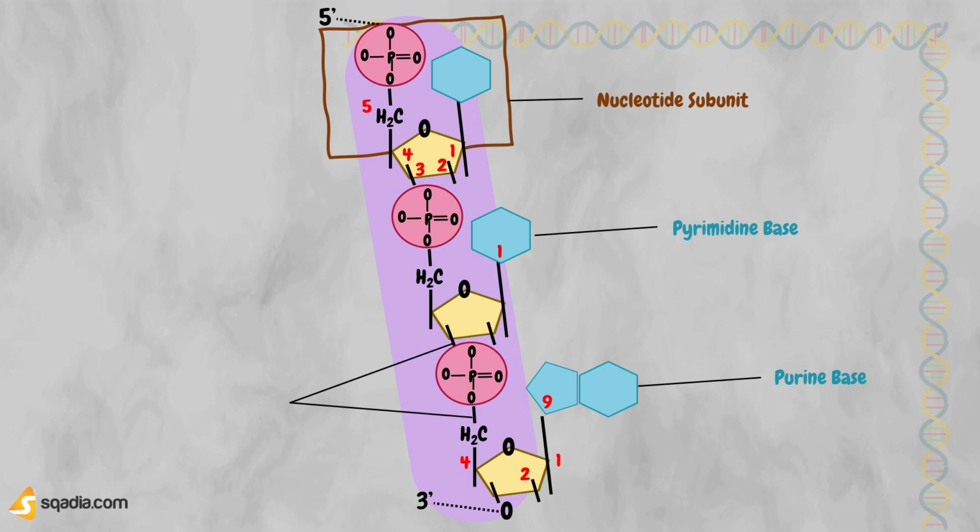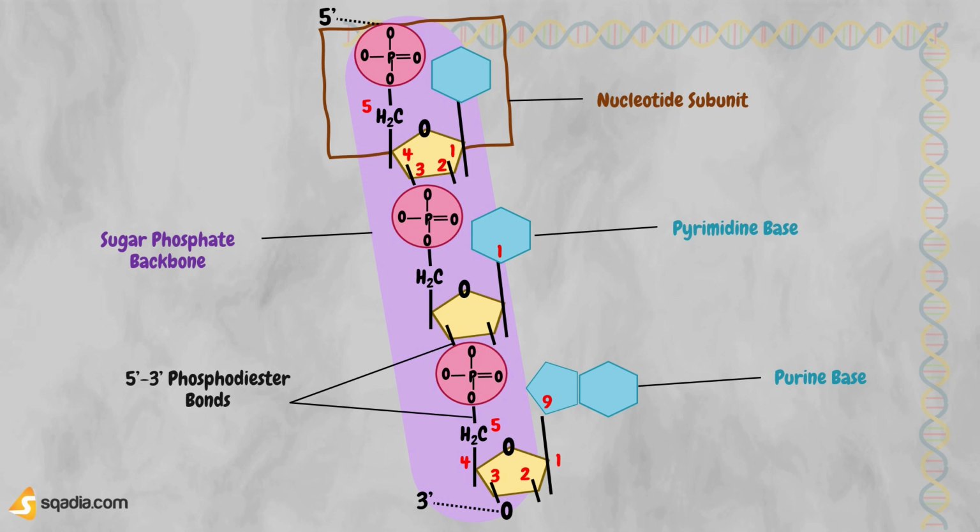Thus, the sugar phosphate backbone is said to consist of 5'-3' phosphodiester linkages. Specifically, the 3' carbon of one pentose is bonded to one oxygen of the phosphate, whereas the 5' carbon of the other pentose is bonded to the opposite oxygen of the phosphate.